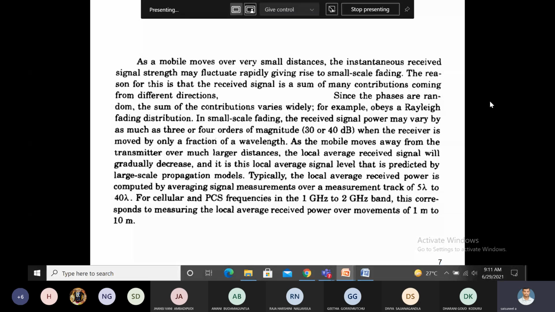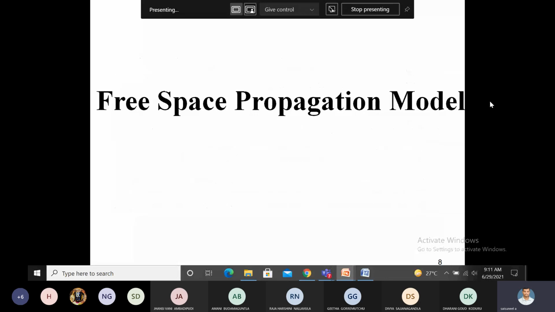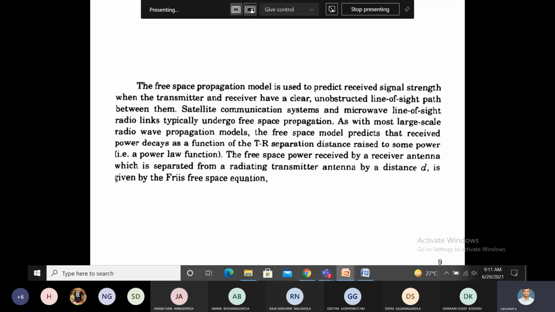Now we are going to the free space propagation model. What is a free space propagation model? Here we calculate the signal strength at the receiver when the signal transmitted from transmitter to receiver has a clear, good line of sight path.